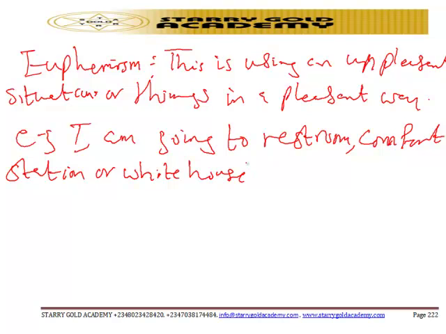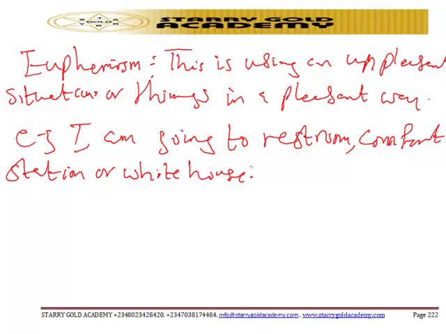You use all these words in a pleasant way, whereby the actual saying is that you are going to maybe the toilet. You want to use the toilet. So that is an ideal use of euphemism.